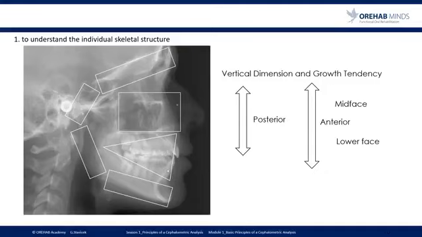From that we can understand the vertical dimension in total, but also of different parts, for example lower facial height. What we do is we measure the posterior height, we measure the anterior height, and we have a relationship of these two parameters.